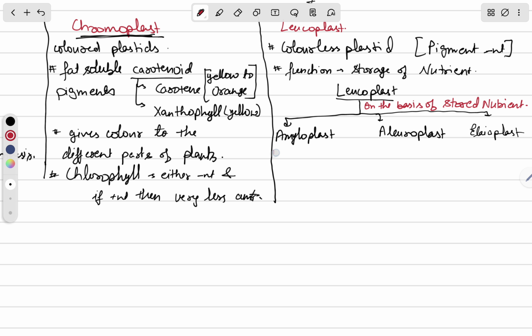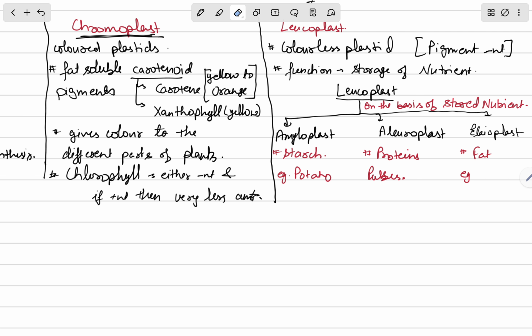Amyloplast stores starch. An example of amyloplast is potato, right? Aleuroplast stores protein. Examples are pulses, right? Elaioplast stores fat. An example is oil yielding seeds.